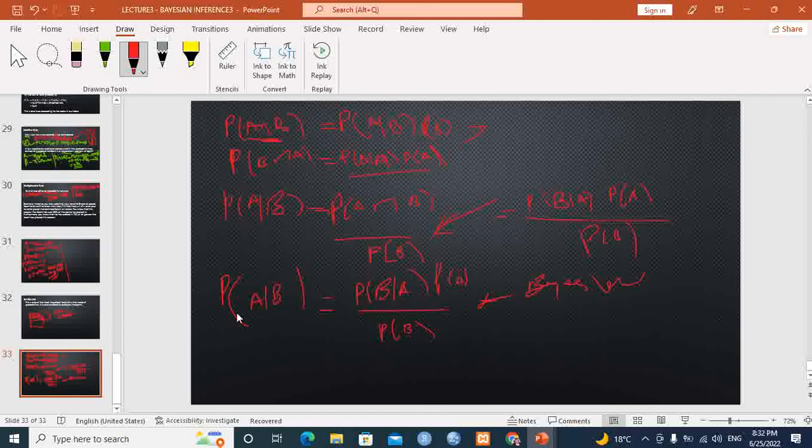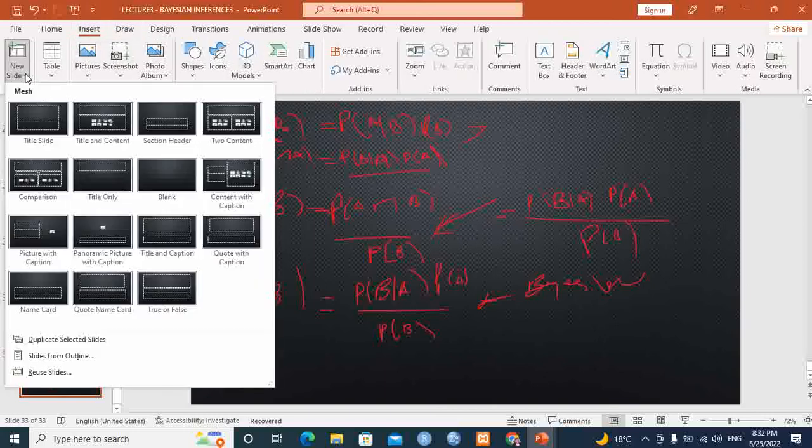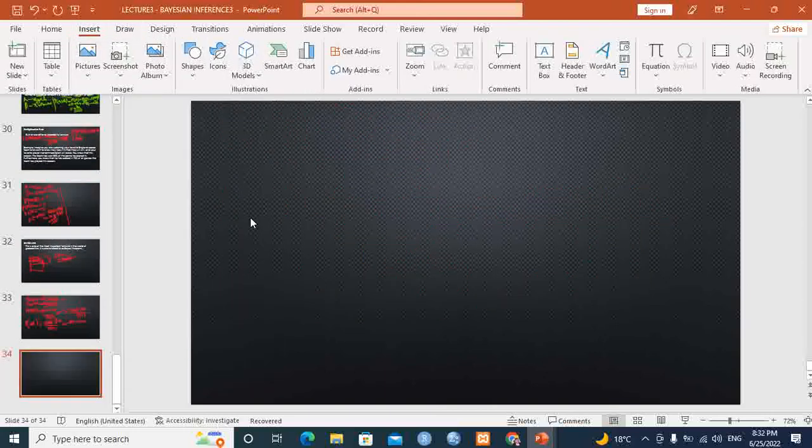But if you have many B's here, you can extend this formula to something like this.